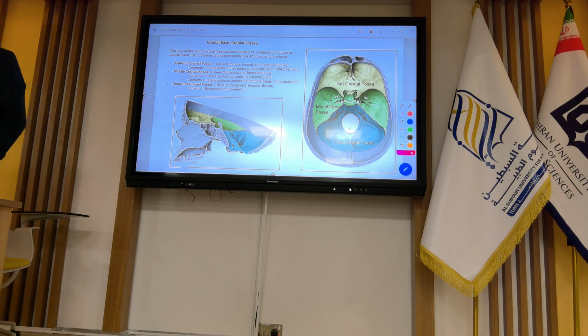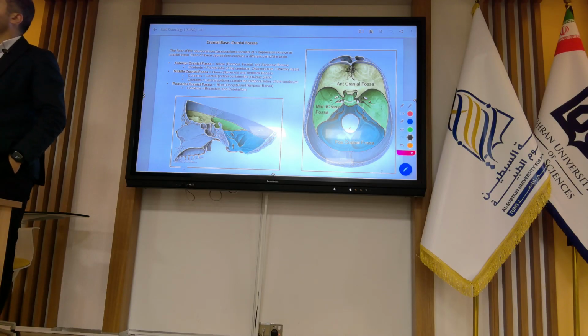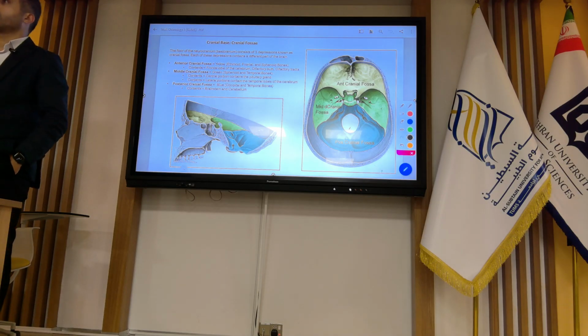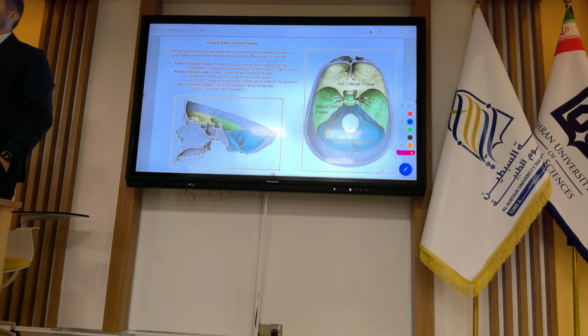What is PNS? Peripheral nervous system, including how many nerves? Anatomist, how many nerves do we have in the PNS? 31, 12.